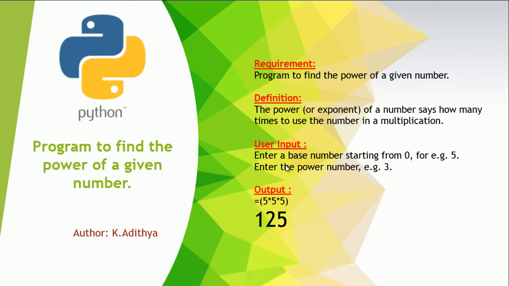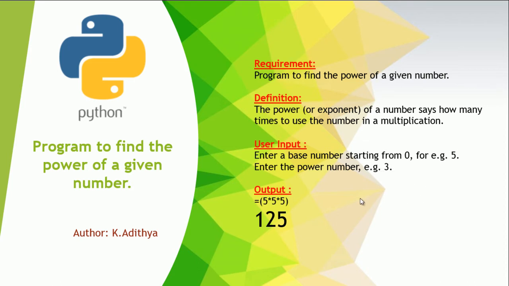First, we'll ask the user to enter an input which will be the base number. For example, the user entered the base number as 5. We'll ask the user for another input which will be the power number. This time the user entered the power number as 3.